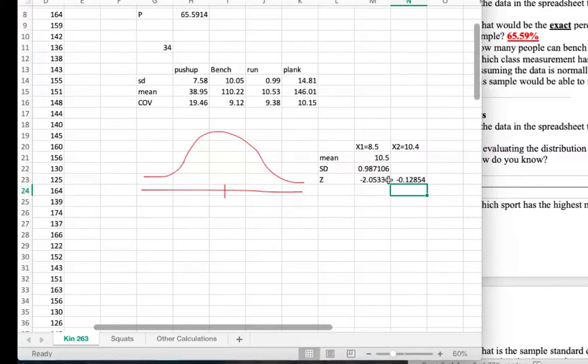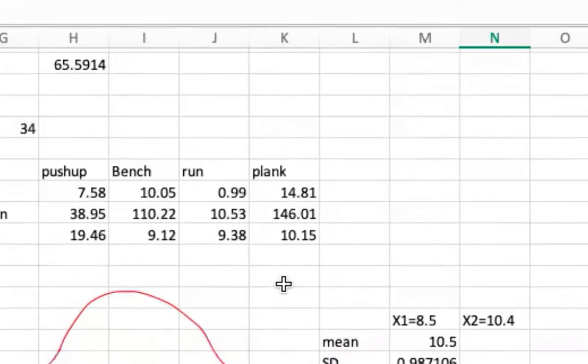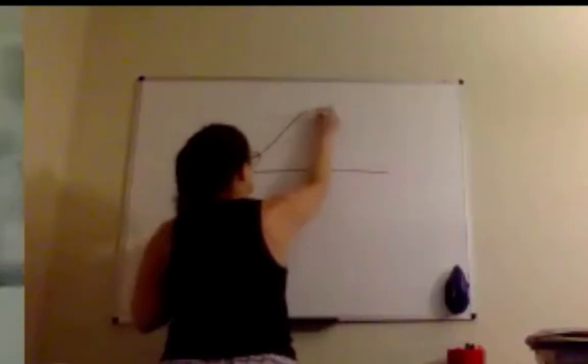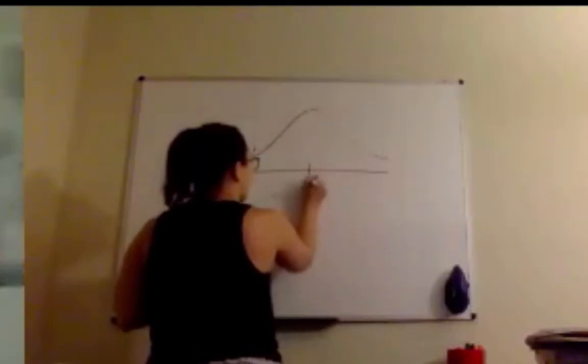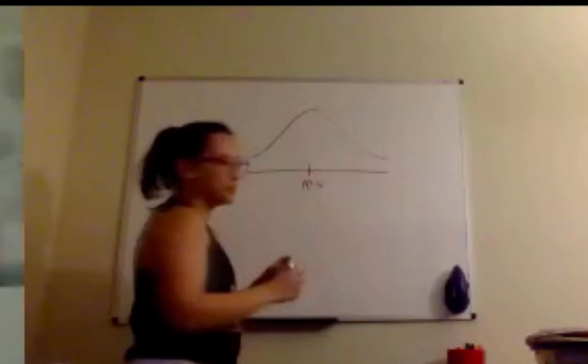So we get these two z-scores, okay? We're assuming a normal distribution, okay? Our mean is 10.5, right? And you guys can all see this, right? I'm gonna move a little bit closer.